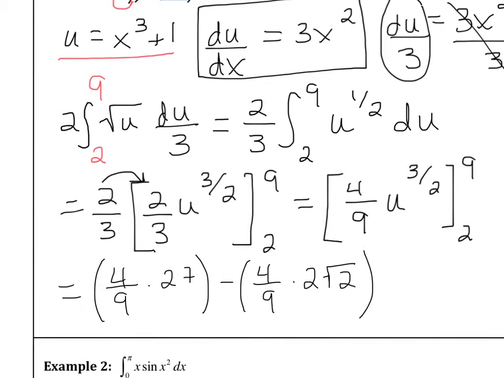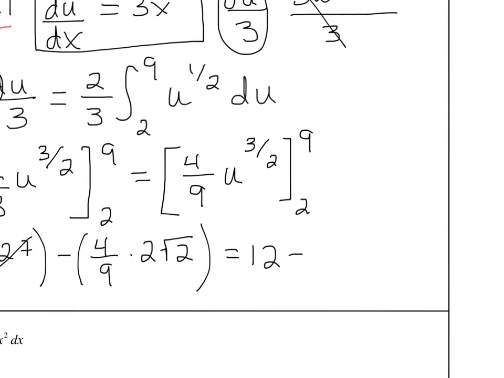And then we'll tidy this up a little bit. In this expression right here, the 9 and the 27 will cancel to just become 4 times 3. So that will be 12, and then minus, well, 4 times 2 root 2 over 9.